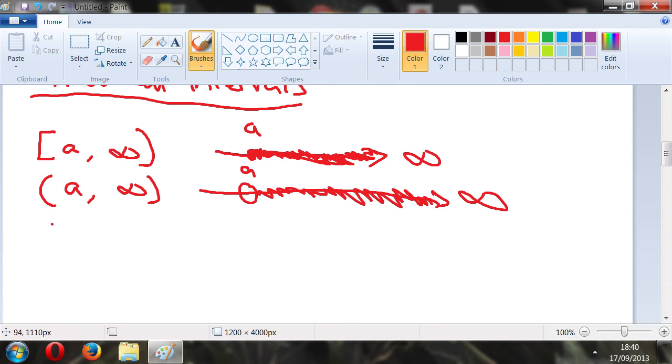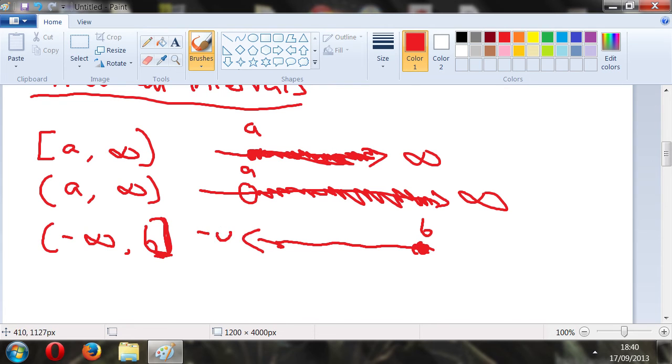So say we had minus infinity, B. For this one, I'll do a closed bracket here actually. So for this one, we're going to have B on this side. Put it there. As you can see, because it's closed, B is included, and we're going to be going all the way off to minus infinity, like so.